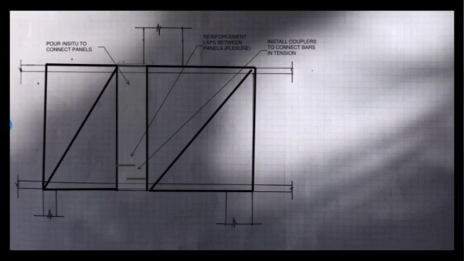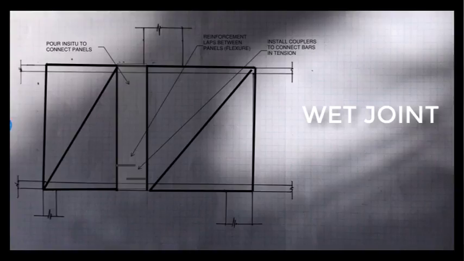One solution we have here is to design for a wet joint. In this case, we have two different precast panels on either side, and due to the crane or truck capacity constraints, we had to break up the panel at this transfer, but we also have to connect the panels together so we know all the load is going to transfer back to the columns as we've discussed before.